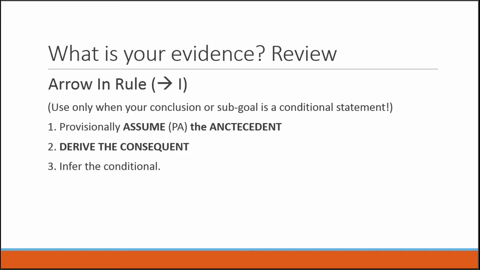Arrow in rule is a dependence elimination rule. It eliminates your dependence on the provisional assumption, which matches the antecedent of the conditional you infer. Once you've eliminated dependence on that provisional assumption, do not use that provisional assumption again. I'll talk about this more later in the lesson.